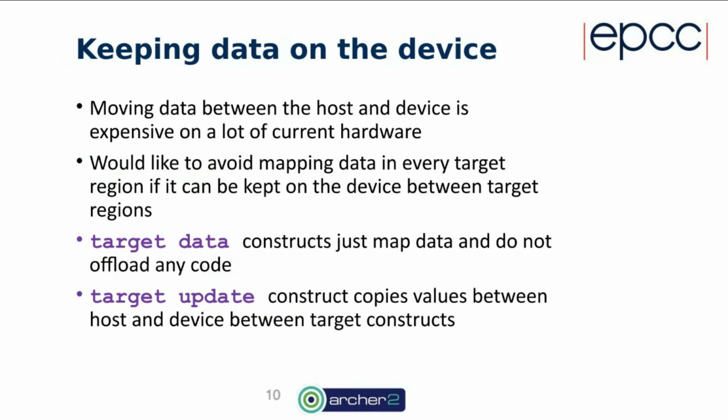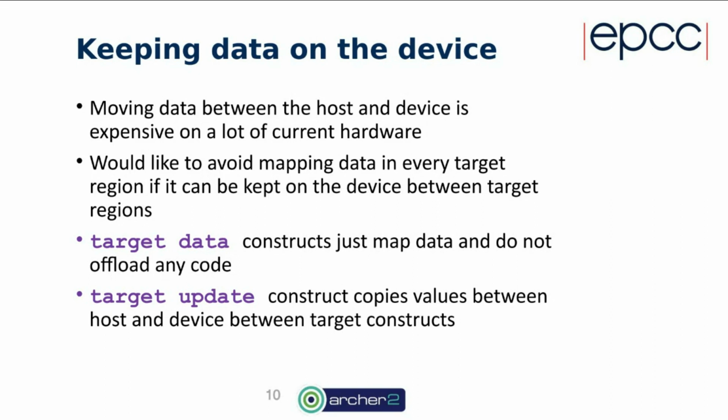Okay, so far so good, but there's a problem with a lot of current hardware, particularly GPUs, in that moving data between the host and the device is basically slow and expensive. So in order to get reasonable efficiency, we'd like to avoid mapping data in every target region.